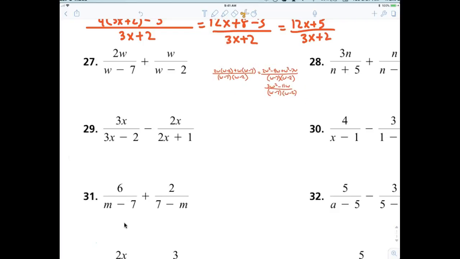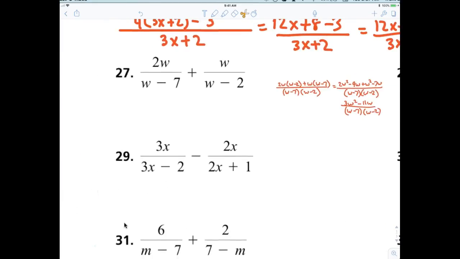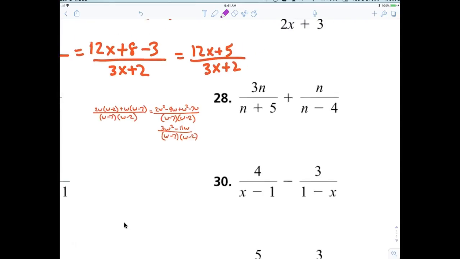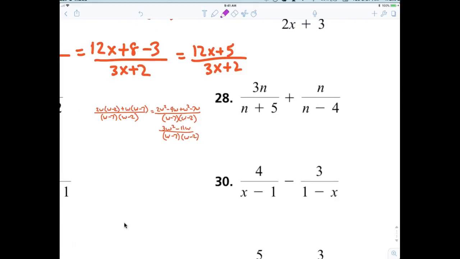Can't you cross it off with subtraction for the top? No. You mean you want to simplify over here? There's nothing to simplify, nothing to cross out, right? Yeah, that's the final answer. Like I said, if you wanted to pull out a W, you could.